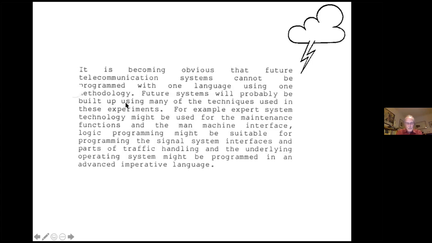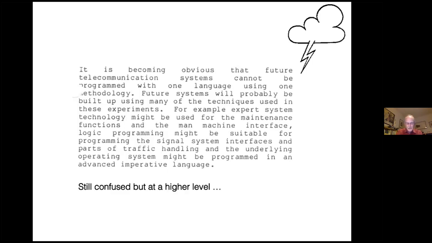Future systems might be built using a lot of different technologies, etc. So we were allowed to create a lab and set up a lab environment. We ran a lot of experiments, and we didn't come to a conclusion.